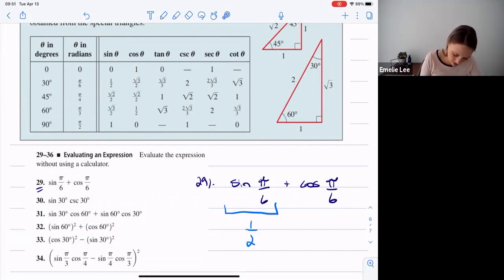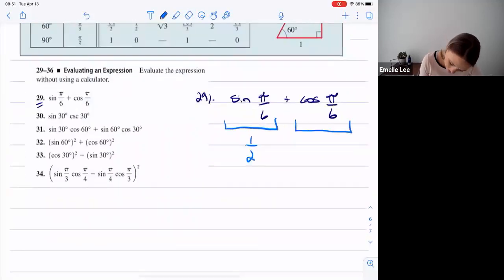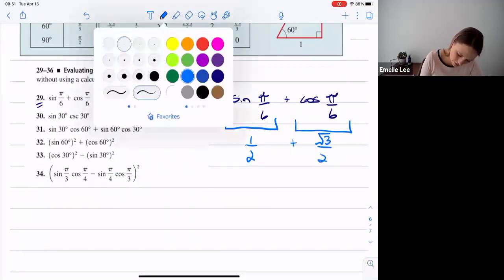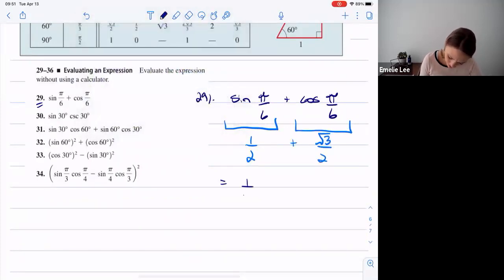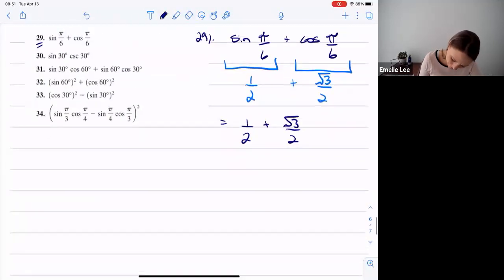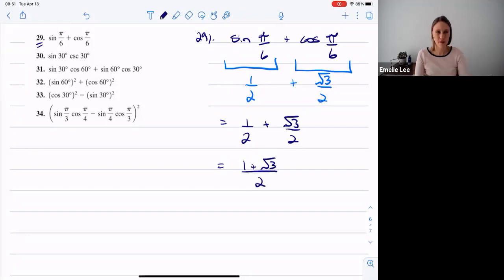Cosine of pi over 6, cosine, root 3 over 2. Okay. So I have 1/2 plus root 3 over 2. I have a common denominator, right? So I have 1 plus root 3 over 2. Good.